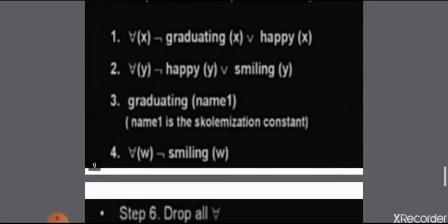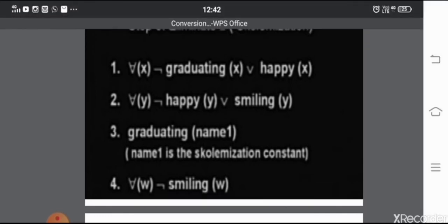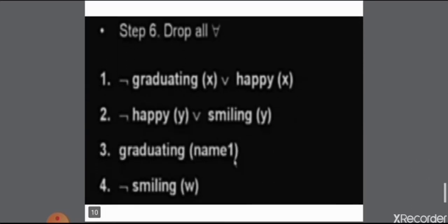See, in step 5 we have 3 universal quantifiers, that is universal of x, universal of y and universal of w. All these are dropped and we get the statements likewise.